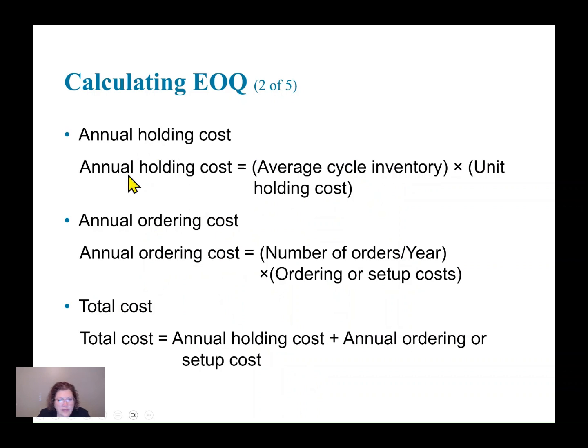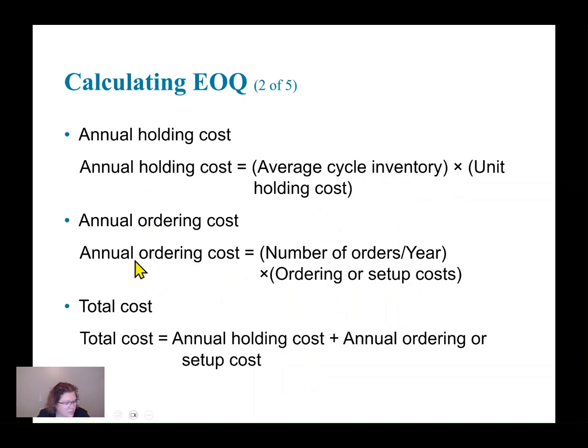We also know that there is an annual holding cost, which is the amount to store or hold an inventory item on average. So that would be our average cycle inventory times our holding cost. And there's usually an ordering cost as well. This is an administrative cost of placing another order.